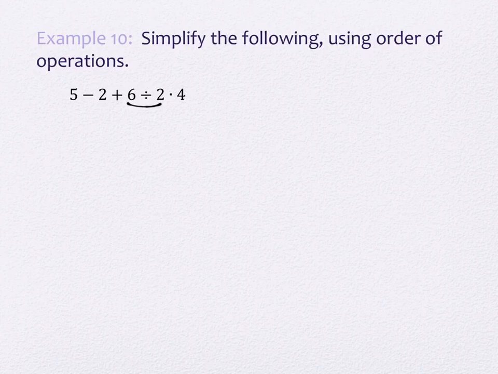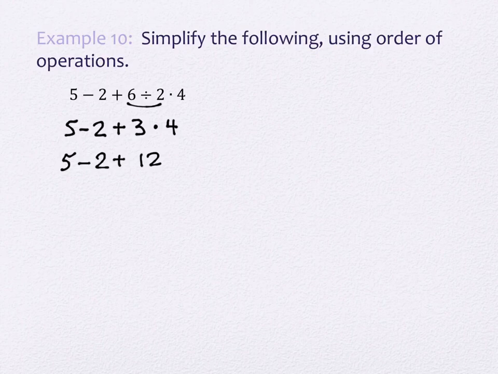So I'm going to rewrite the 5, the minus 2, and my addition. And what is 6 divided by 2? 3. And then I've got the dot 4. So after I've done the division, I can do the multiplication next. You don't necessarily have to write this in 2 separate steps, but if it helps you, go for it. Moving from left to right, still moving in the multiplication and division. I now have the 3 times the 4, which is 12.